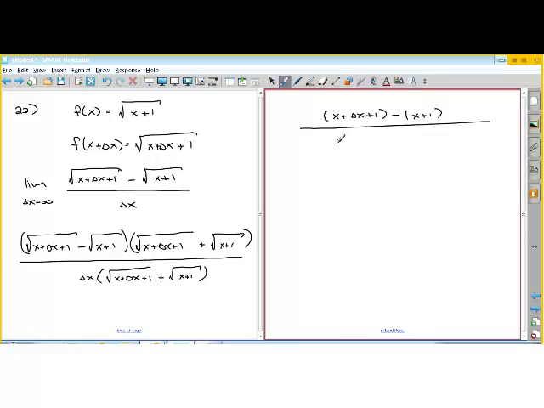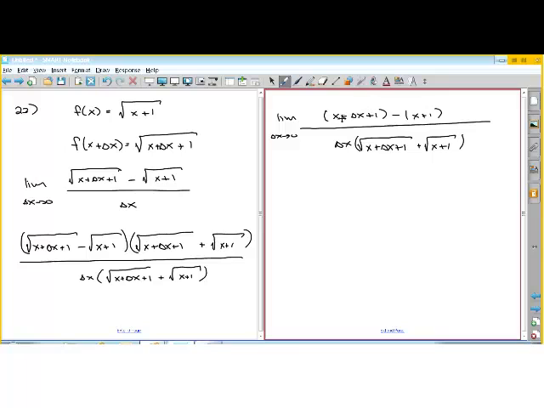And then it's all divided by delta x times the quantity, the square root of x plus delta x plus 1, plus the square root of x plus 1. Make sure I've got this all right. Yeah, okay, we're good. And let's go ahead and put the limit back in here now.